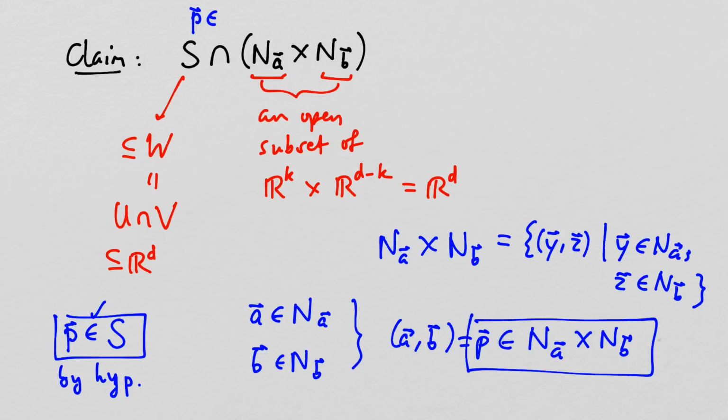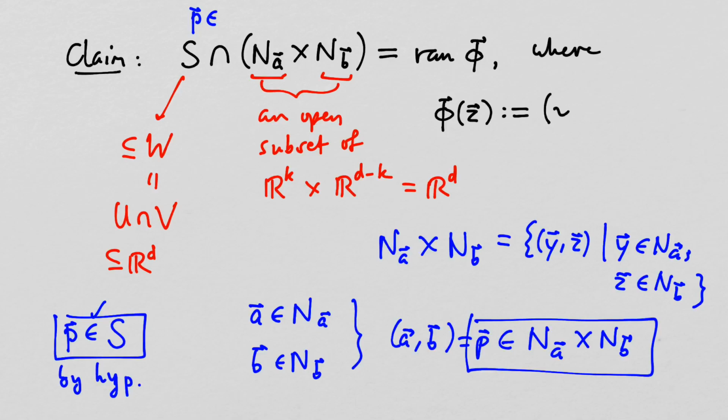All right, but the claim that I want to make is that this intersection is actually exactly the range of the function phi, where I'm going to define the function phi in this way. It's a function of z, and its definition is that you take psi of z, which was the implicit function, and you concatenate that with z. And it's on the domain n sub b.